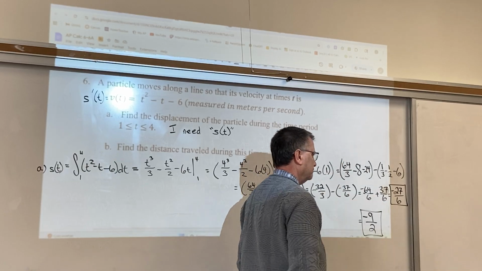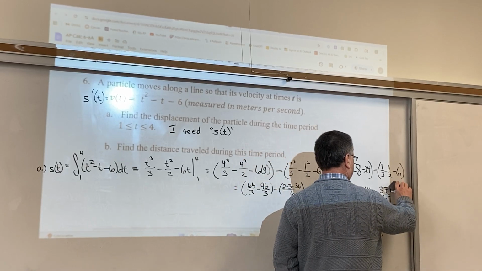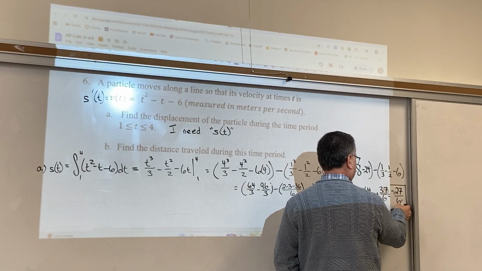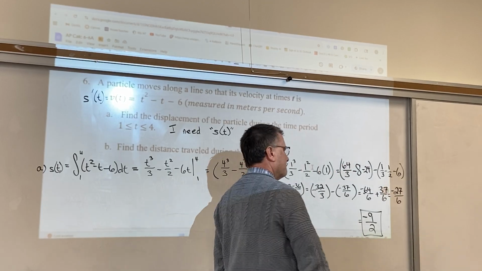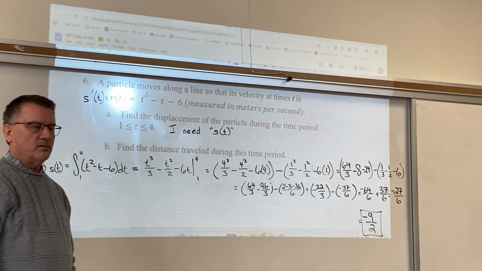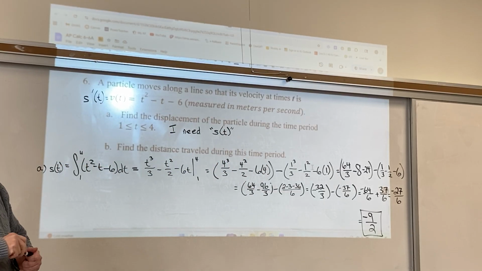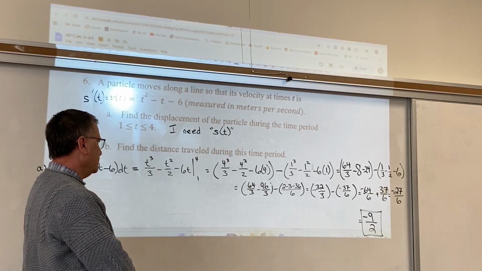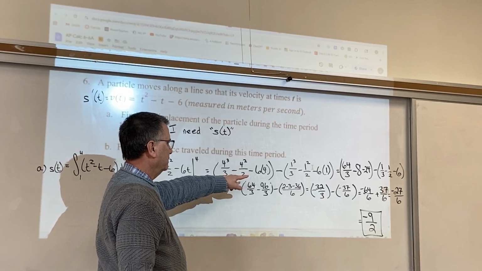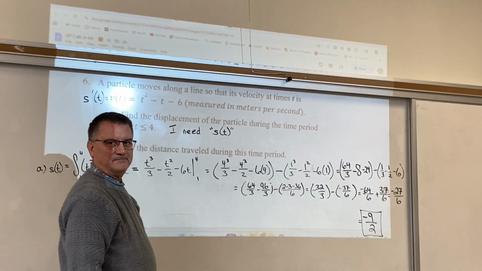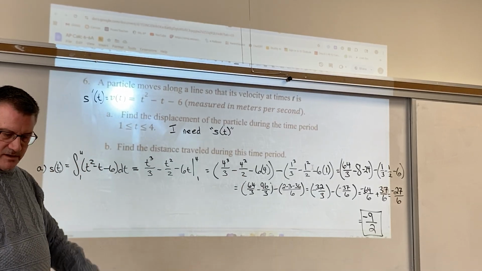They will not penalize you if you didn't give it in a reduced form because it's the same value. Just like, I bet if you had to do this by hand, you could have stopped somewhere up here, technically, unless you needed that answer for another part of the problem.